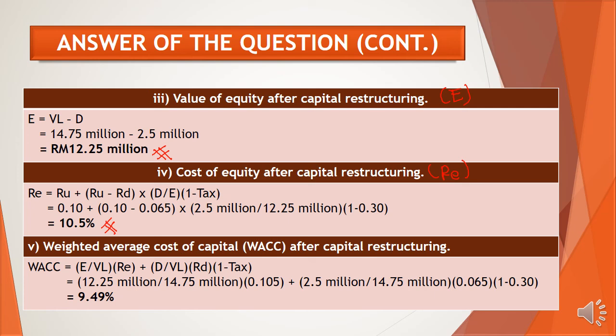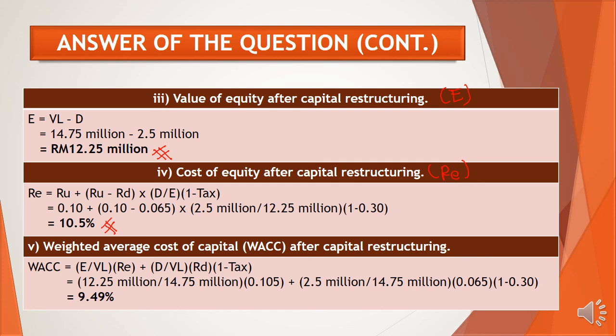RE is the amount based on calculation number 4, so you get 0.105 because it is 10.5%, and then plus the 2.5 million amount of debt, which is D, divided by VL 14.75 million, and then times RD, 0.065 because RD is 6.5%, and then times 1 minus tax 30%.